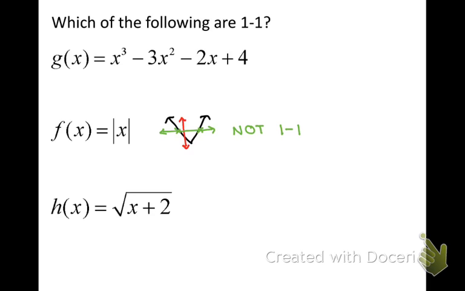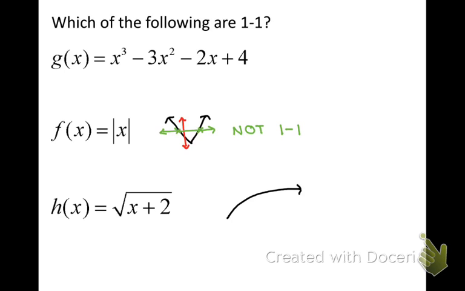And then my last one is h of x equals the square root of x plus 2. We discussed the parent function of the square root of x previously, although it might not be fresh in everybody's mind. It essentially looks like the top half of a sideways parabola.